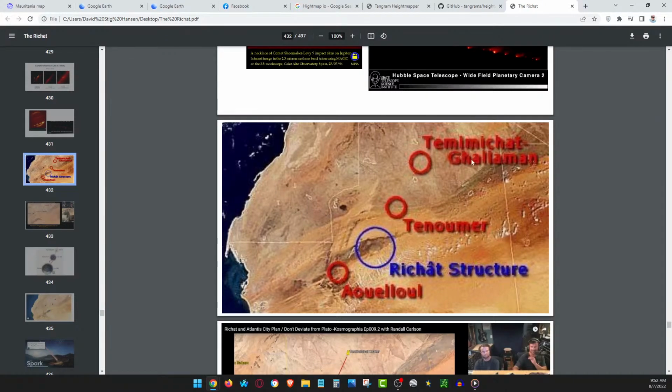Temimichat Galaman crater right there. So to me, they're just too much in a line, just like Jupiter. I mean, they're not perfectly aligned. There's a curve. But Jupiter was hit by comet fragments and created the string of pearls.